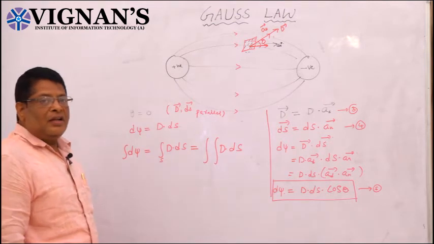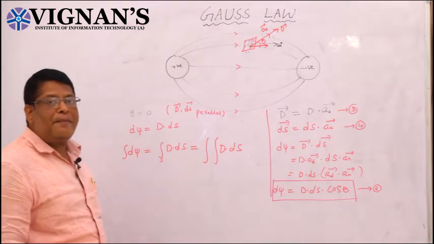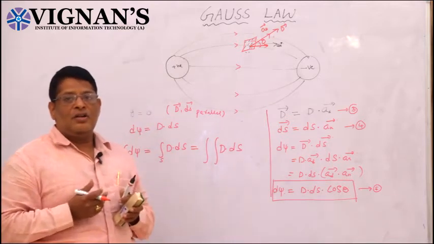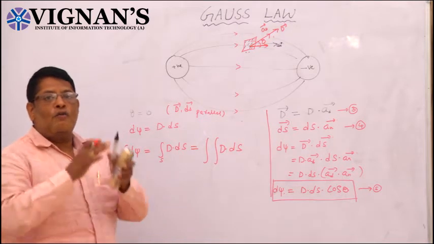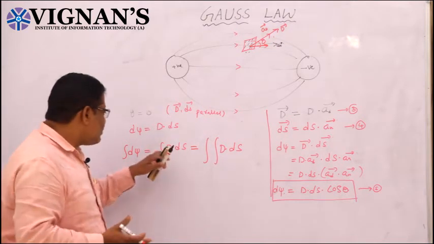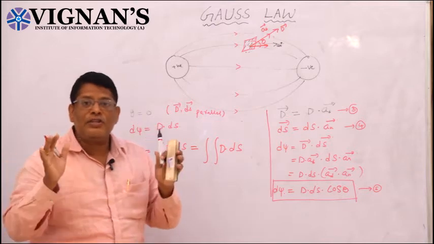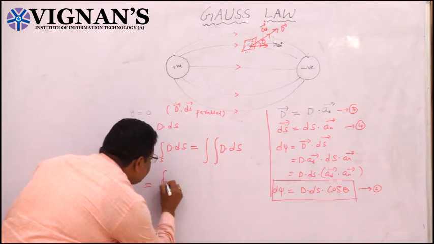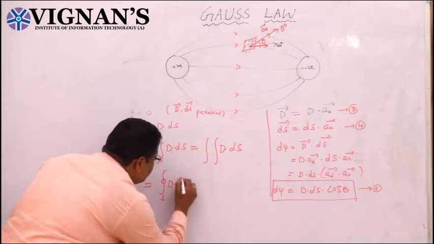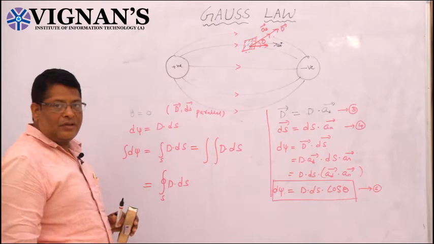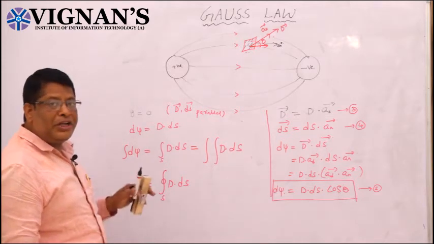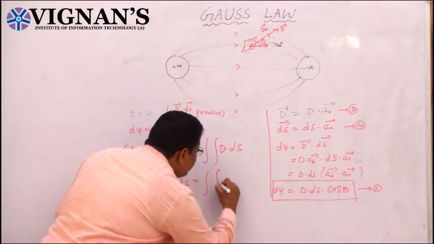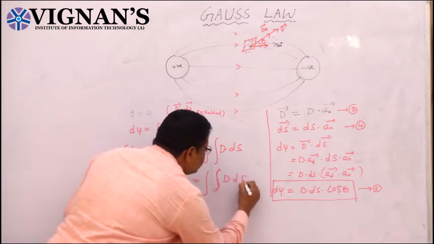See here, sometimes the surface may be an open surface, sometimes the surface may be a closed surface. Suppose if the surface is an open surface, we represent it in this manner. Suppose if the surface is a closed surface, in that case we represent the surface integral of s, D into ds, as double integrals of D into ds.